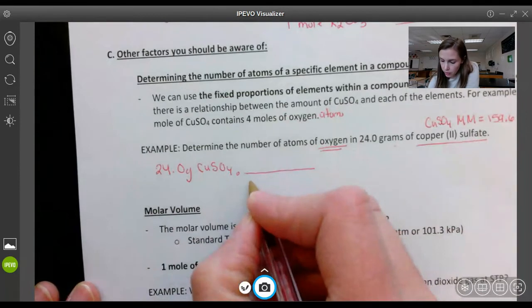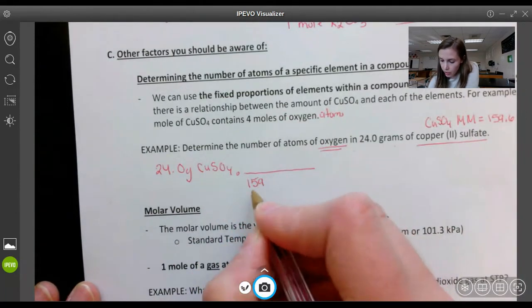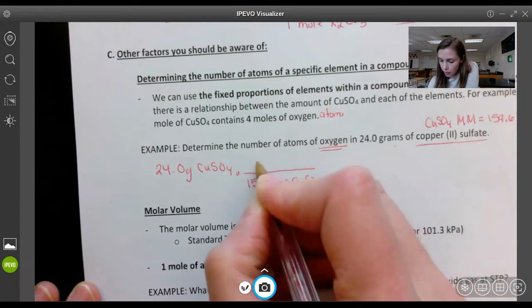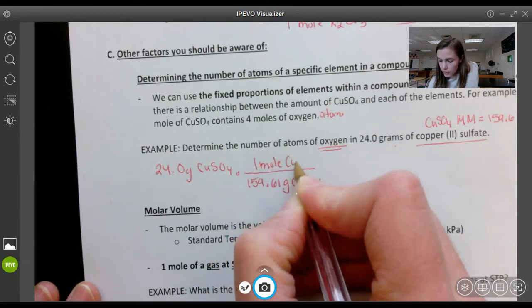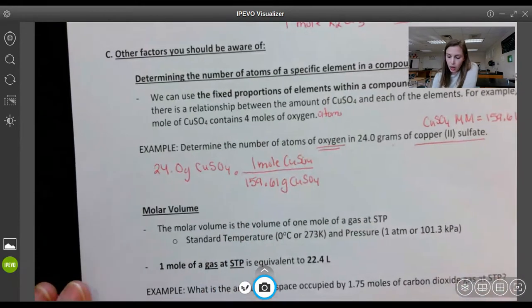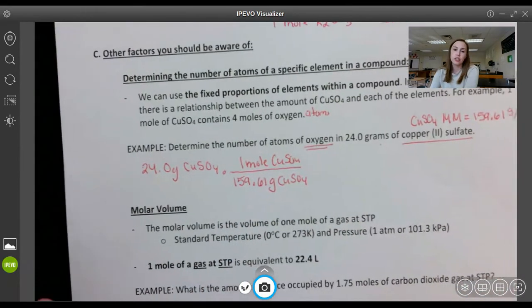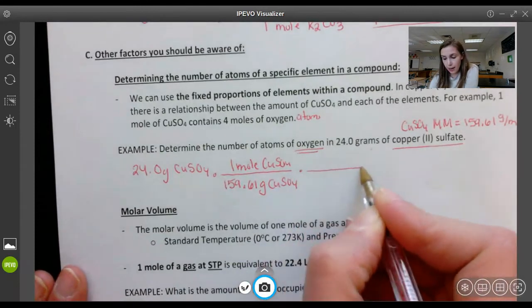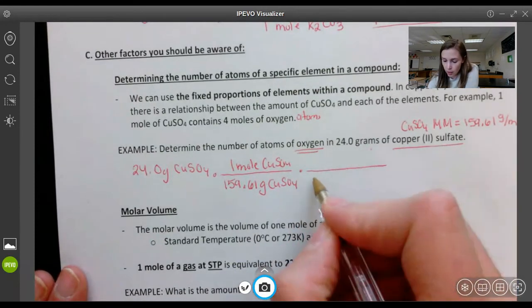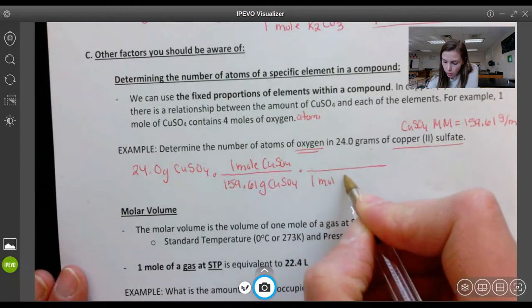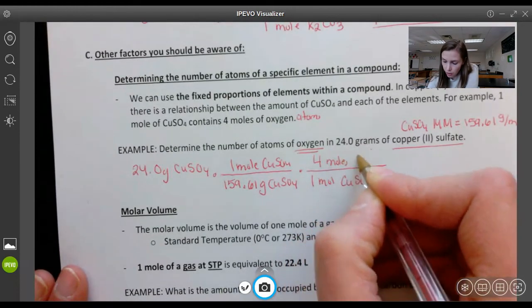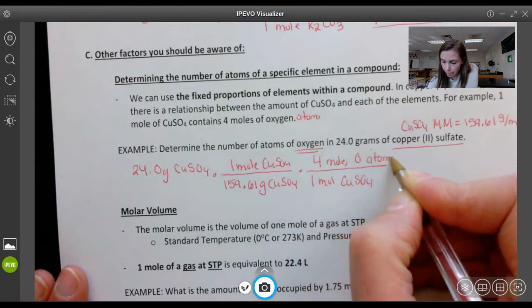So we know that using the molar mass, for every 159.61 grams of CuSO4, we get 1 mole of CuSO4. I prefer, while we're in moles, to switch to atoms of oxygen. So I'm going to say that for every 1 mole of CuSO4, I have 4 moles of oxygen atoms.